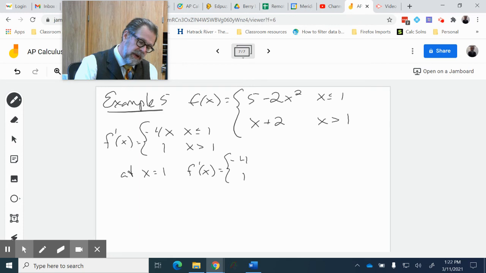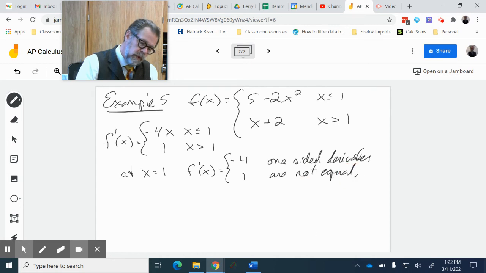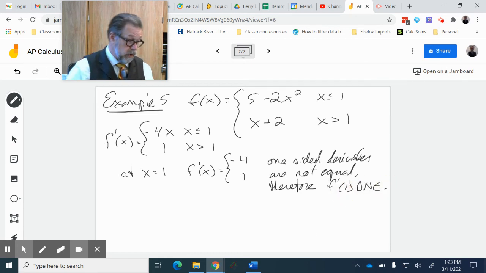The one-sided derivatives are not equal. Therefore, f prime of 1 does not exist. So there's a critical point right there at x equals 1.